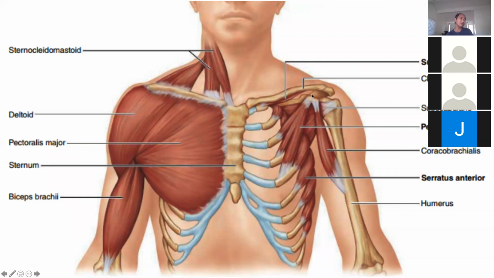Look at that pectoralis minor. It is arising from the ribs, this is the second rib, so 3, 4, 5, going to the coracoid process of the scapula.